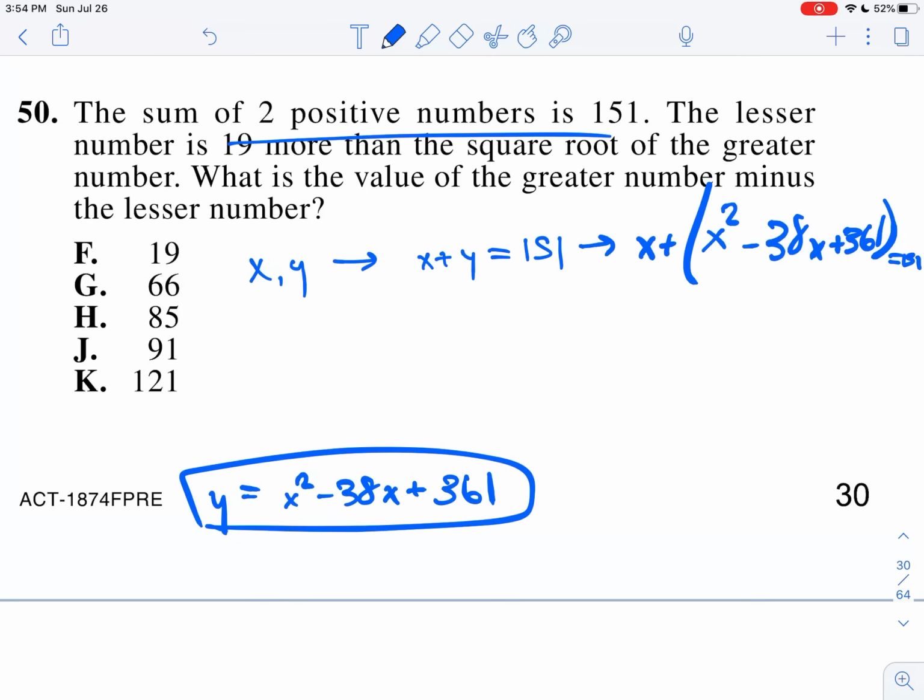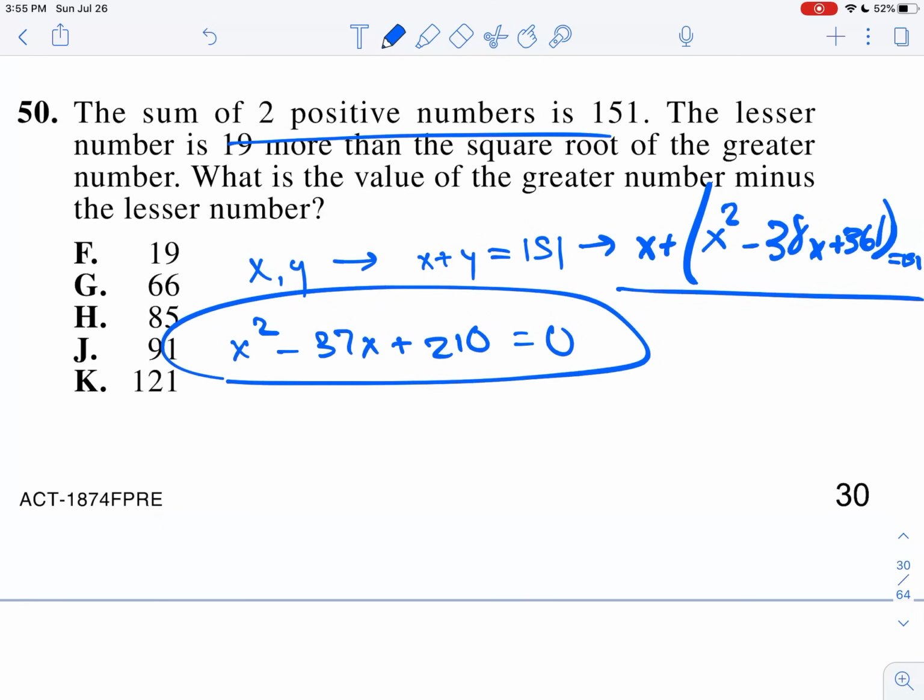Kind of sloppy, but now let's simplify it. Let's rewrite all this. x squared, x minus 38, that's going to be negative 37x plus 361 minus 151. This comes out to 210. I'm trying to write everything on one side of the equation just to make it easier to solve, because it's obviously quadratic. This equals 0. You can get rid of this now.